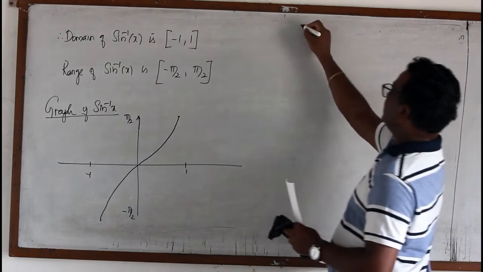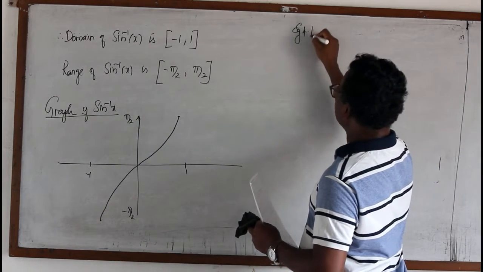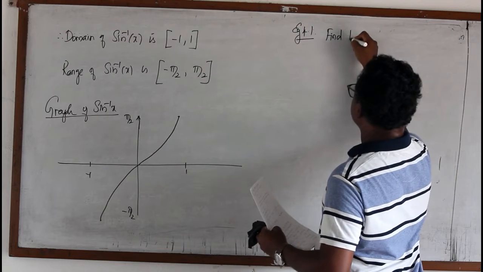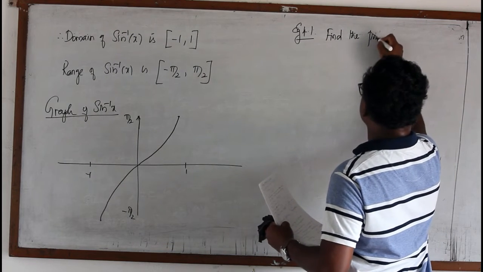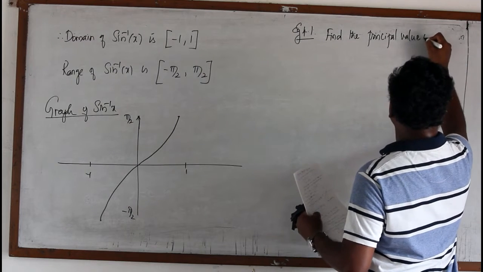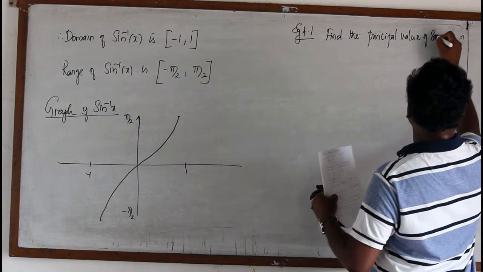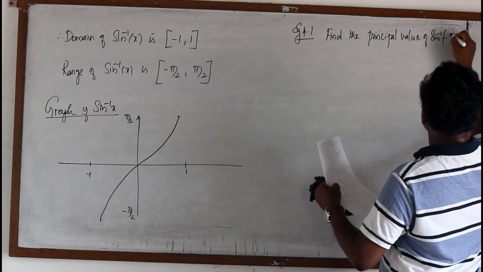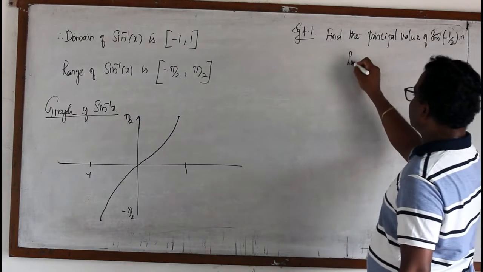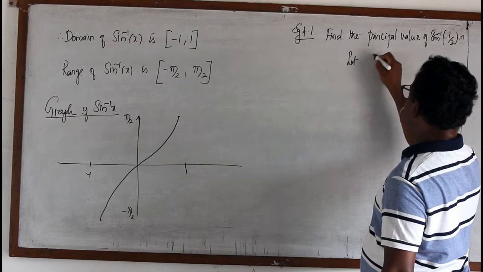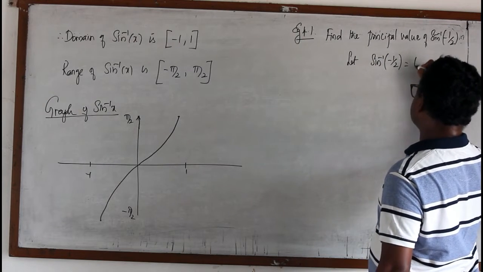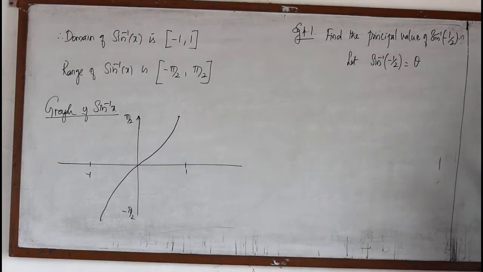Now, example 4.1. Find the principal value of sine inverse of minus 1 by 2. Let sine inverse of minus 1 by 2 equal some theta, because it gives an angle value.